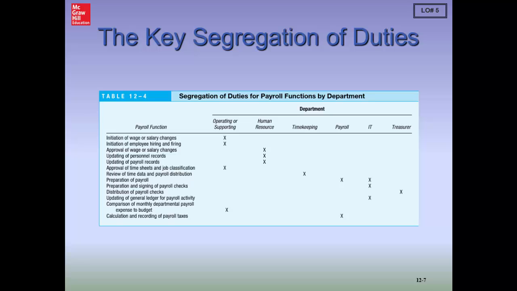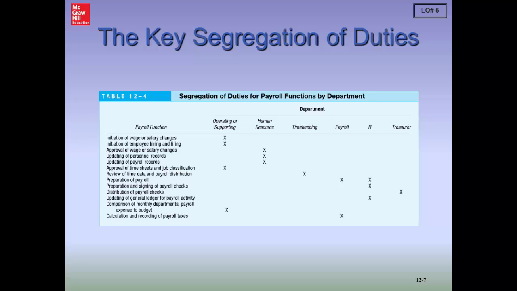Human Resources is responsible for updating the master file of the human resource file, and timekeeping is simply the approval and review of time records. Payroll is reviewing and doing the calculation for the payment.